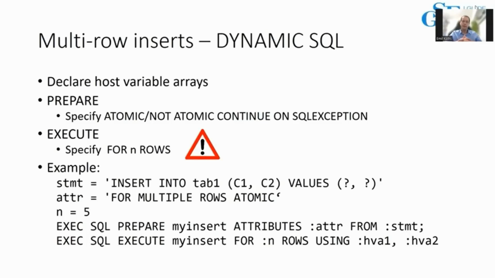On the EXECUTE is where I specify the number of rows to be inserted. So you can see I execute my insert, that's the statement name, FOR N ROWS, which is 5 in my case, USING host variable array 1, host variable array 2. Those are the host variable arrays for column 1 and column 2. Hopefully this is clear. It's just a mock-up because this is all language dependent.